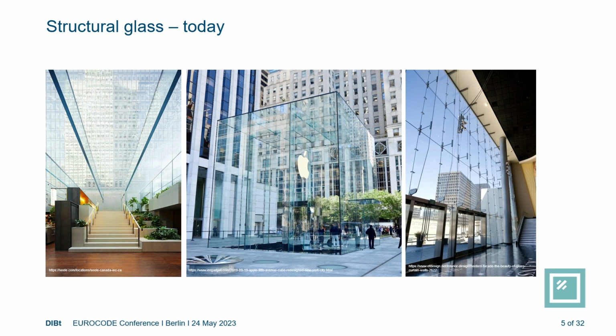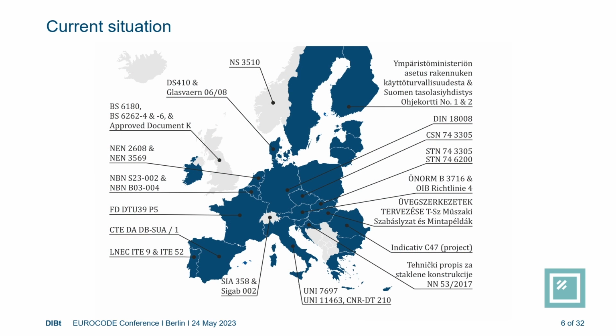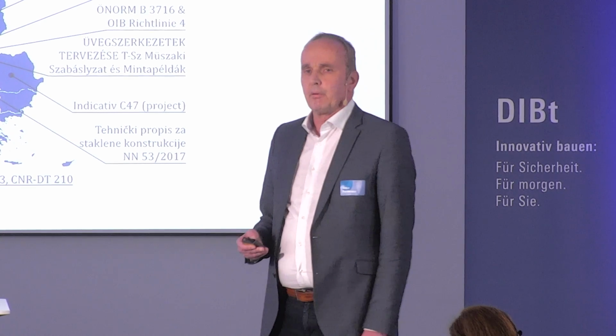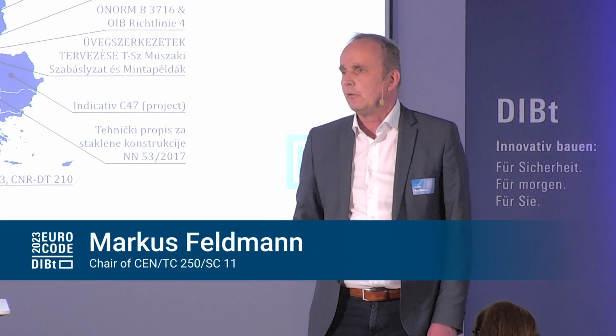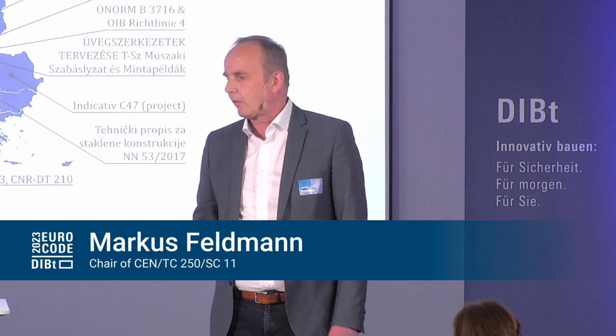That gave rise to the question of how to make it happen that a design standard for glass will come. And that gives you the current situation. Here we have Europe, and across all of the countries there is a variety of existing design standards, all with different approaches, all with different aims, all differently included in legal frameworks.